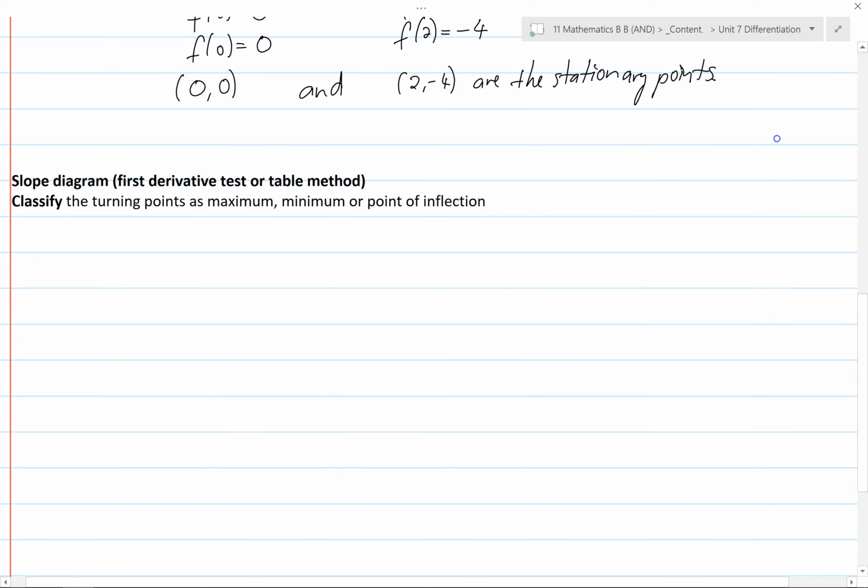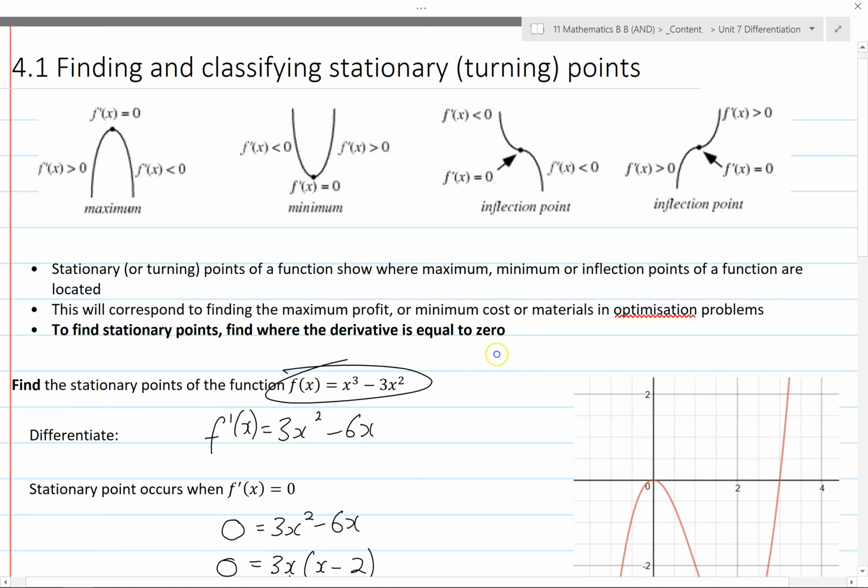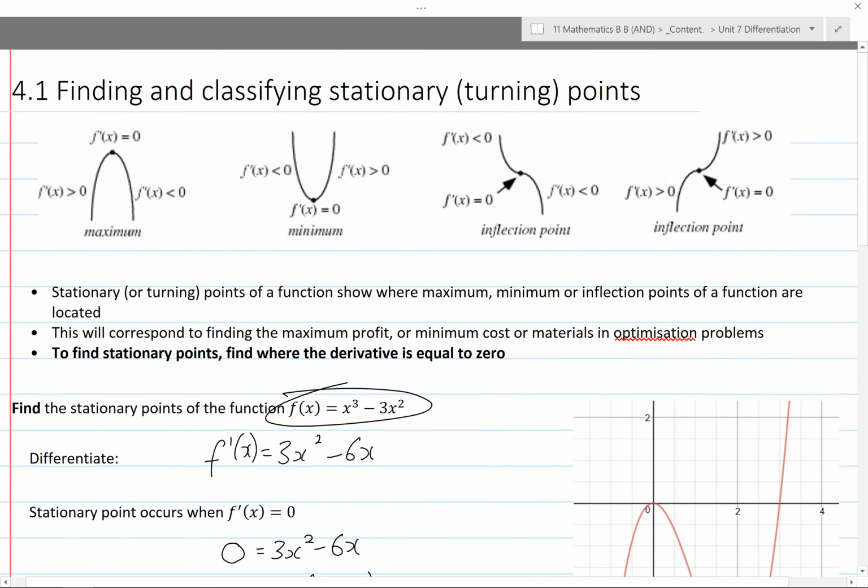The way we'll do this is using a slope diagram, using the first derivative test or the table method, whichever word you want to use, to classify them as maximums, minimums, or points of inflection. For a maximum, at that point the slope is 0.